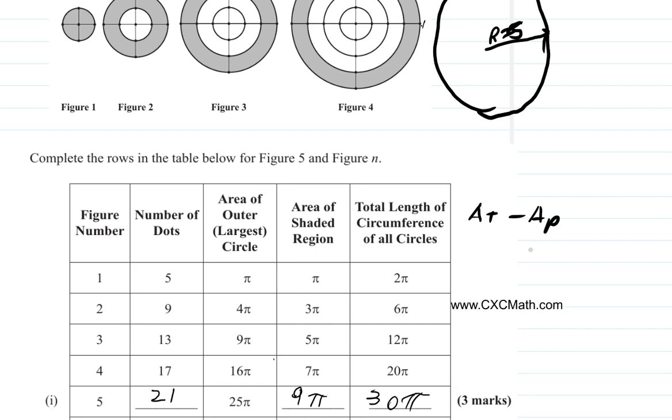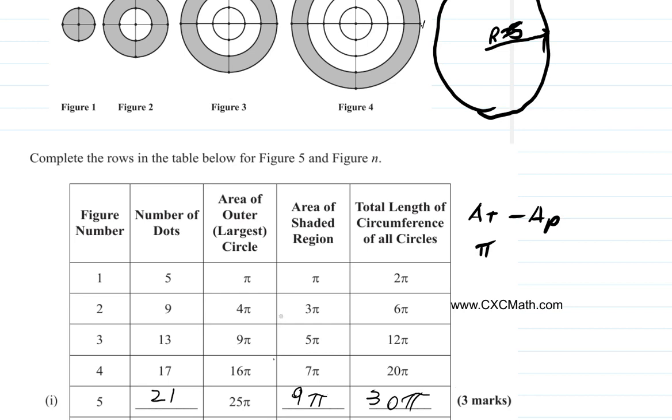I just say AT minus AP. Area total minus area previous. But anyway, we have the area of a shaded region here. For figure 1, it was just pi. Right? Pi r squared, pi by 1 squared.